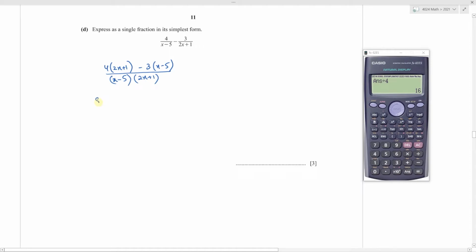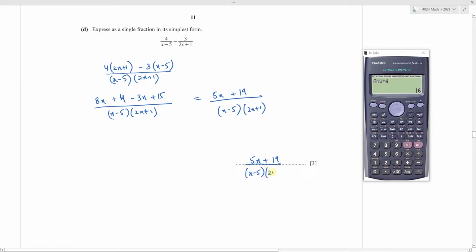So let's open the brackets. 8x plus 4 minus 3x plus 15 over x minus 5 into 2x plus 1, and then 8x minus 3x will be 5x, 15 plus 4 will be 19, and divide by x minus 5 into 2x plus 1. So 5x plus 19 over x minus 5 into 2x plus 1.